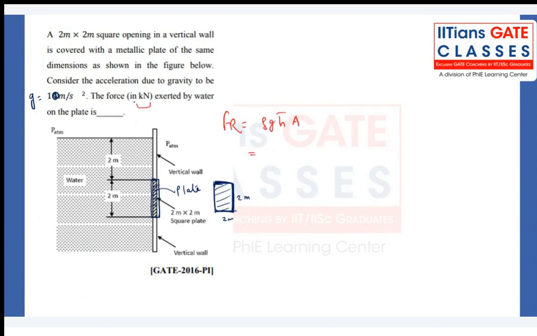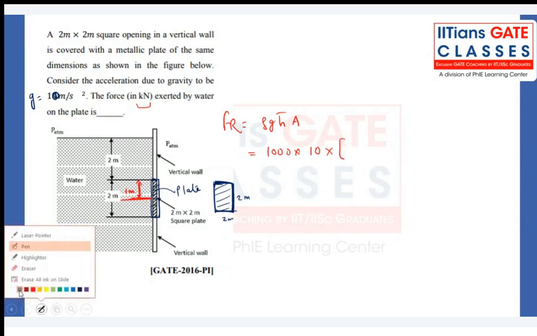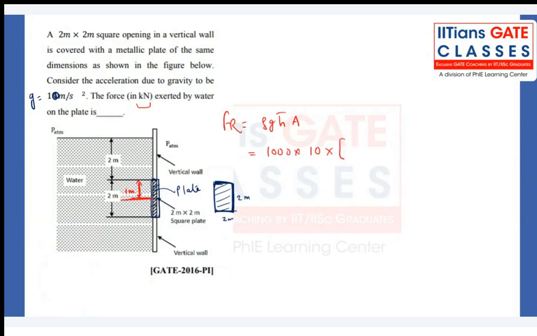So let me write fully. Rho 9.8, sorry, that is 1000. h bar will be from here to here, that is 1 meter. Once again we have to calculate the centroidal distance from the CG to the top surface, that is my h bar.